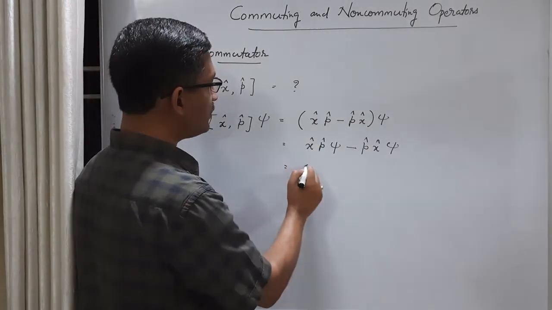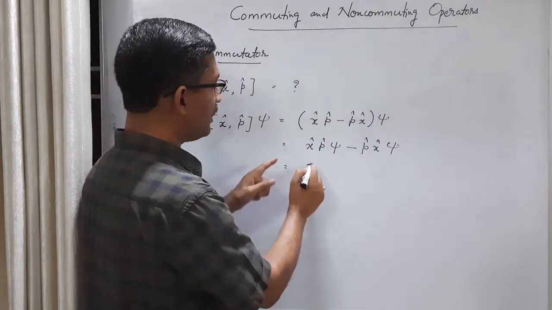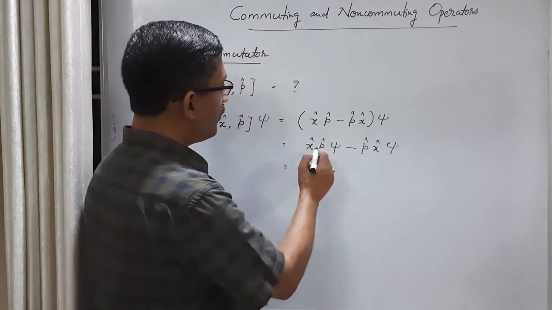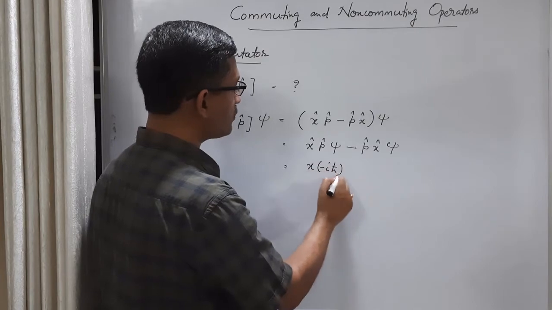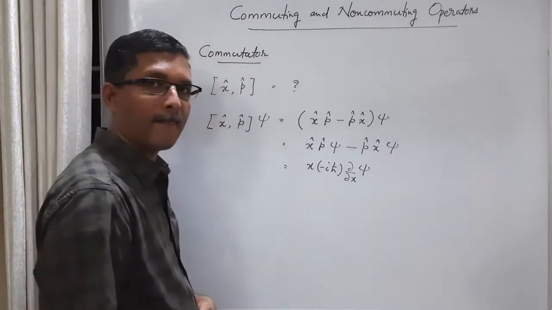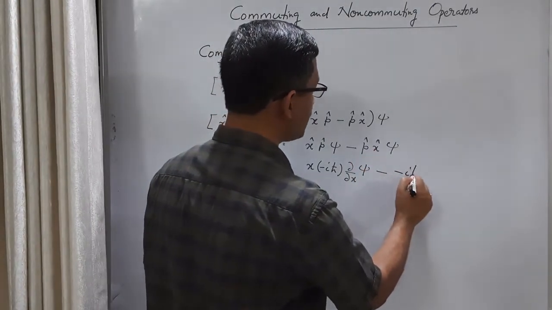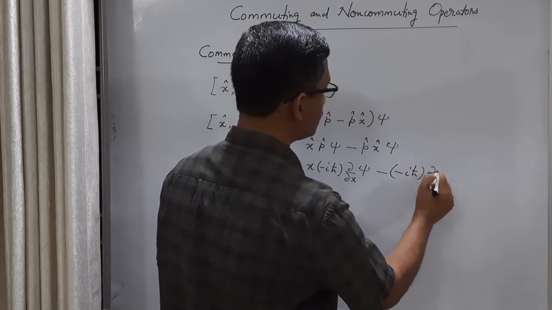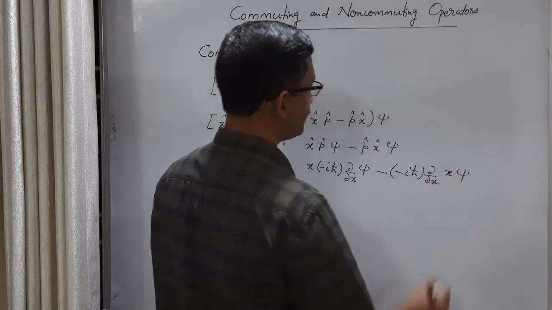Now the x operator acting on any wave function is simply x times that wave function. Whereas the p operator acting on a wave function is minus i h-bar del by del x acting on the wave function. Minus, here again p operator is minus i h-bar del by del x, and the x operator is simply x psi.